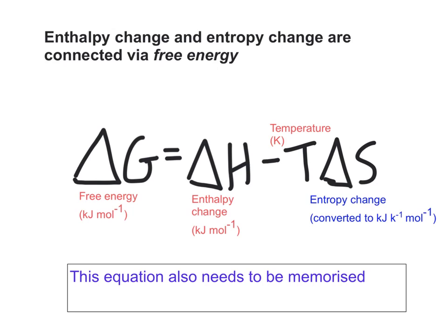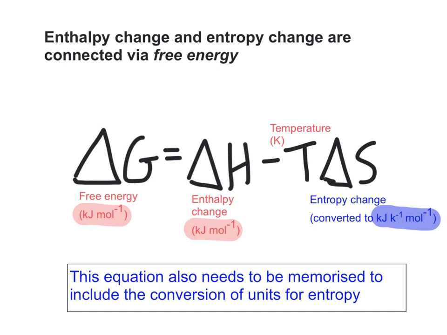It's been converted to kilojoules per Kelvin per mole because of the kilojoules per mole in each of the other two components, as per the highlights. So make sure if you do a flashcard for this that you also put the conversion of units for entropy. So pause the clip again, grab a flashcard and put this down before the next screen comes up.